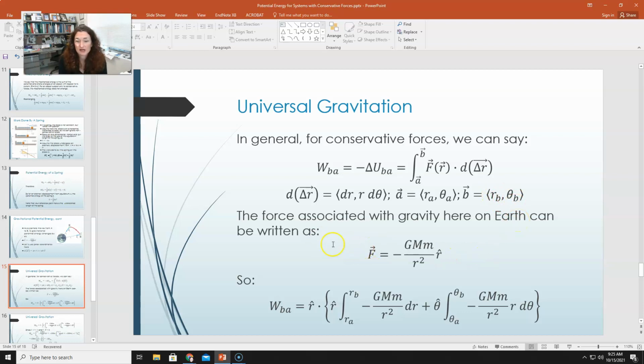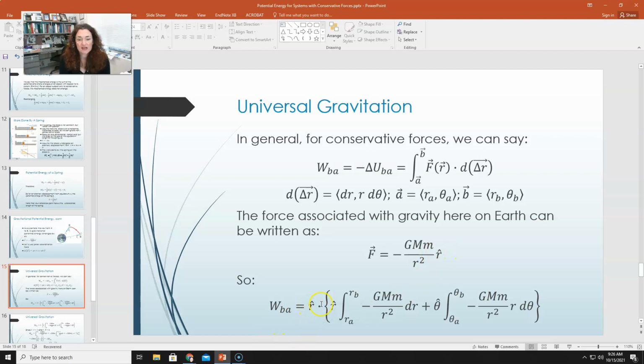And we're going to plug the equation for the force that we discussed on the previous slide into this equation. Now, unlike the gravity here on Earth, the force is not constant anymore. It's going to vary with the position, and so you can't have that out front. You have to move it inside the integral because r will change. So the force, though, is in the r hat direction, so we can put that out front for our dot product.